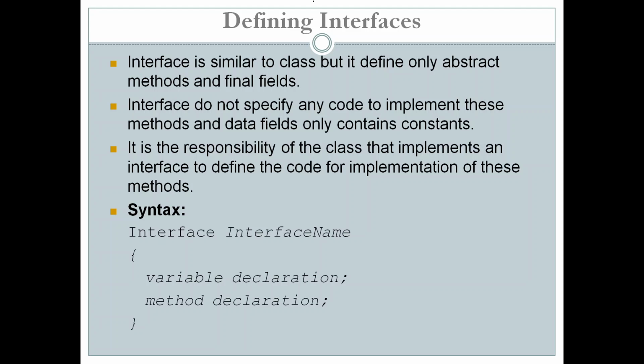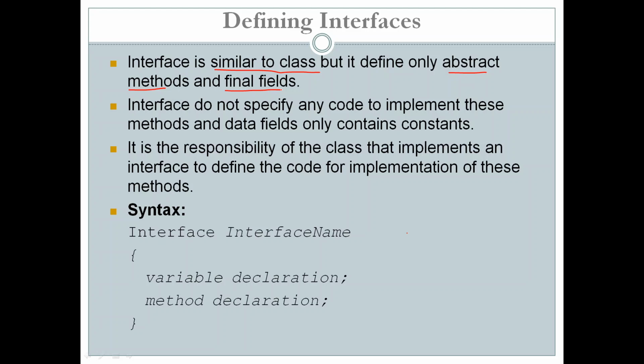Okay, defining interface. How is an interface defined in Java? As we have studied, interface is similar to class, but it defines only abstract methods and final fields. This is important. Interface includes only abstract methods and final fields.